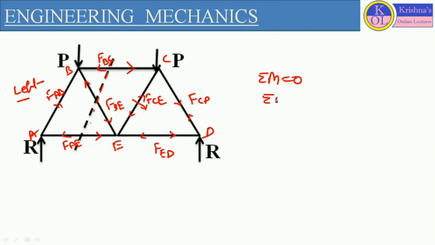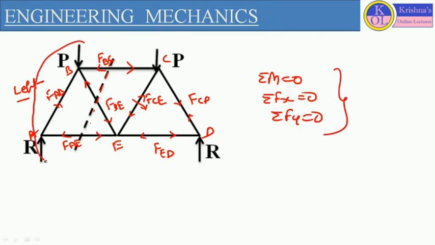Or we can use summation of Fx equals to 0, or summation of Fy equals to 0. But these three equations should be applicable for this particular section. If we are considering summation of Fx equals to 0, all the forces which are lying in x direction, for example, this FAE is lying in x direction, this FBC is lying in x direction, and this FAB is in inclined condition.